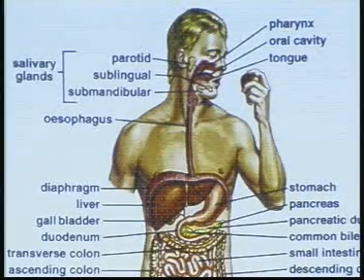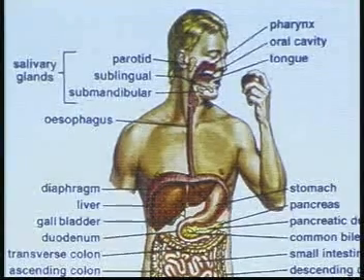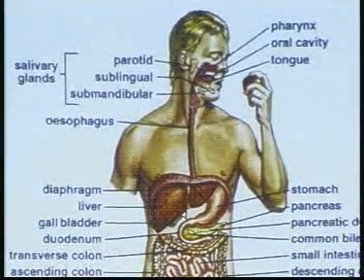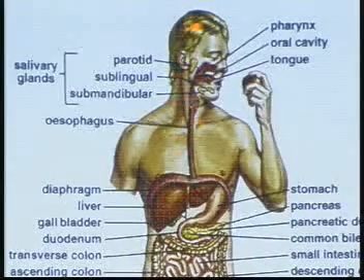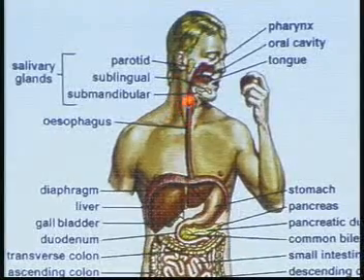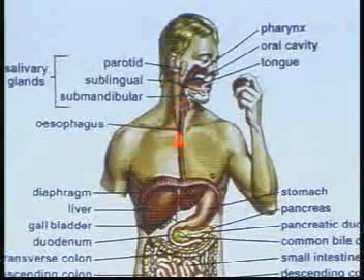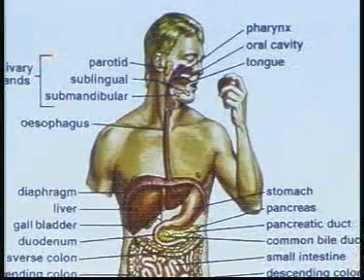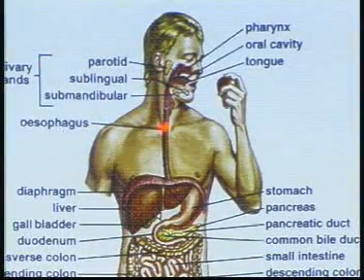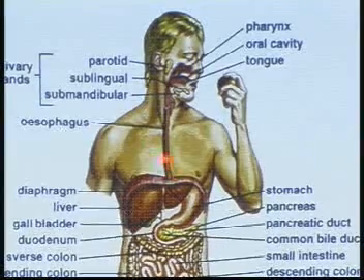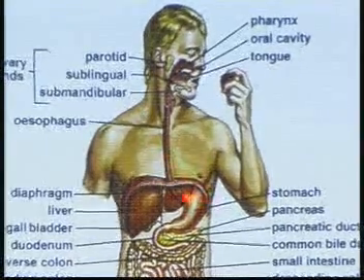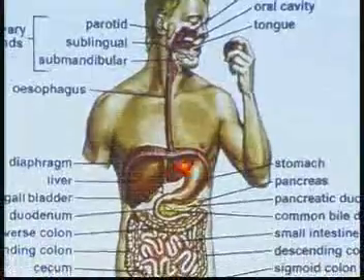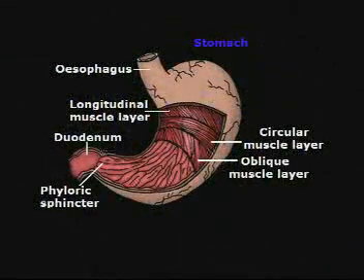Then with the help of the tongue, the food is rolled into a bolus. It passes through the esophagus, aided by a wave-like motion called peristaltic motion. Esophagus is 25 centimeters in length, and at the point of joining the stomach there is a cardiac sphincter which aids the passage of food into the stomach.